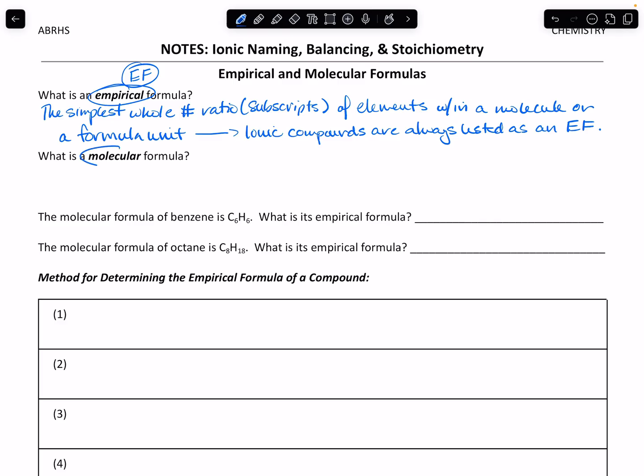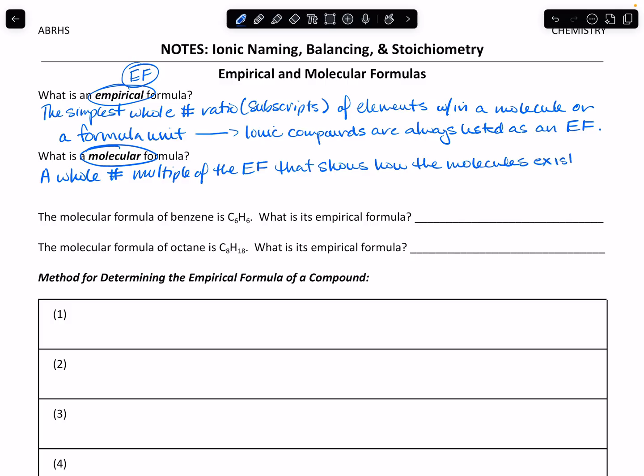Now, a molecular formula is a whole number multiple of the empirical formula that shows how the molecule exists in nature.